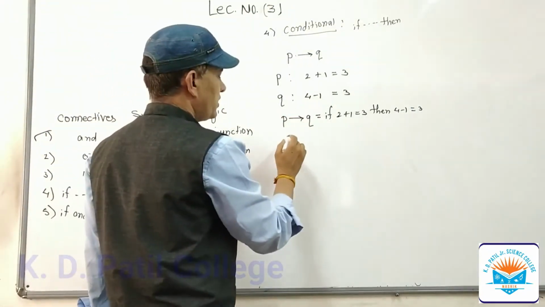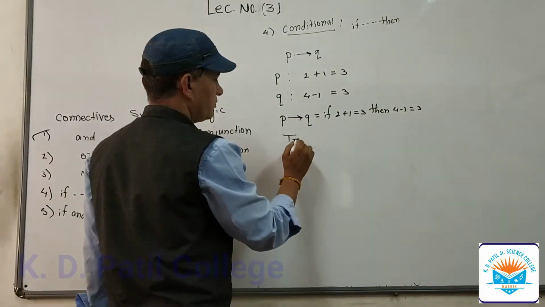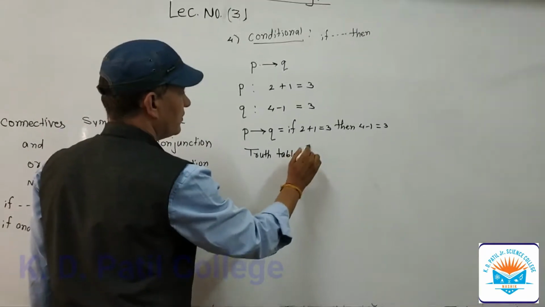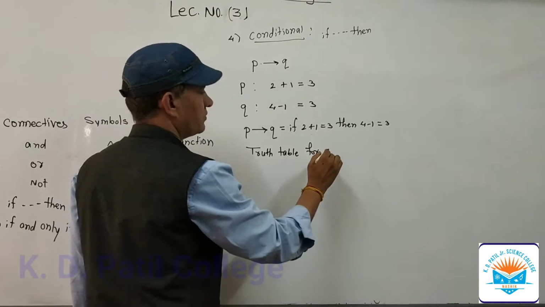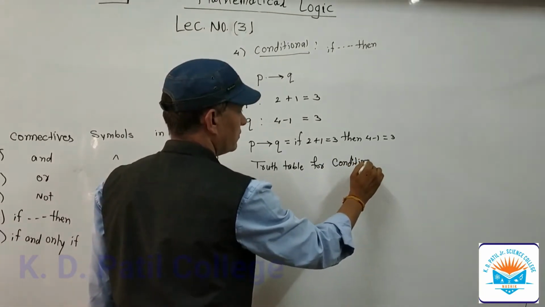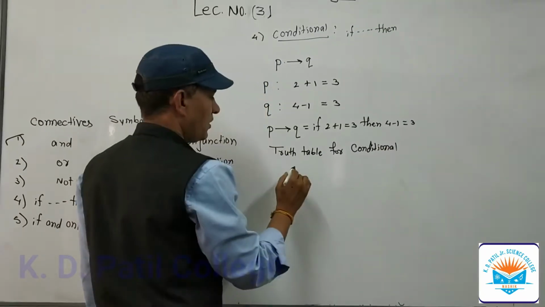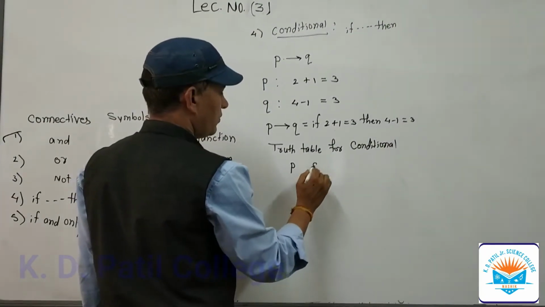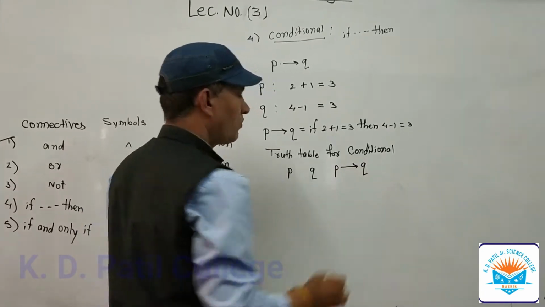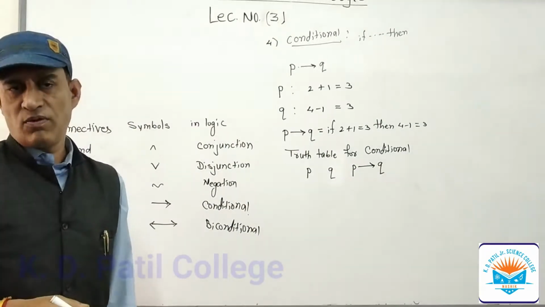Now the truth table for conditional. Here we are writing P, Q, then P conditional Q. Look at how to fill this truth table for conditional.